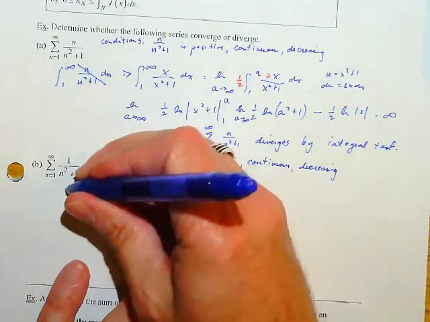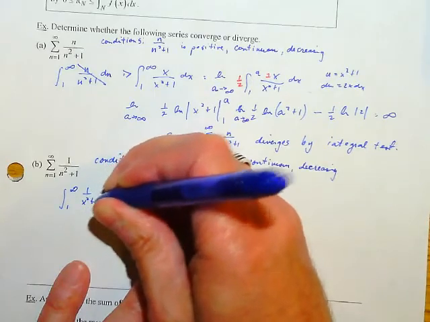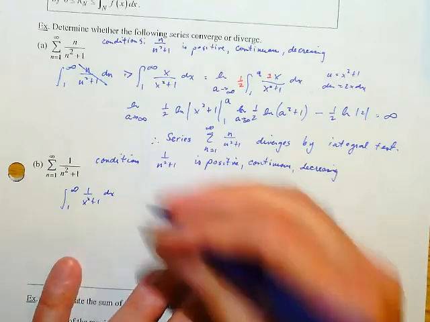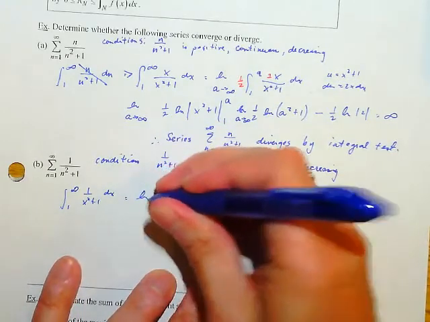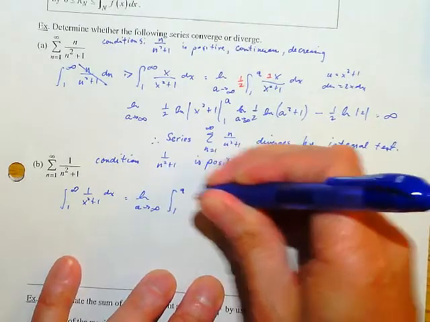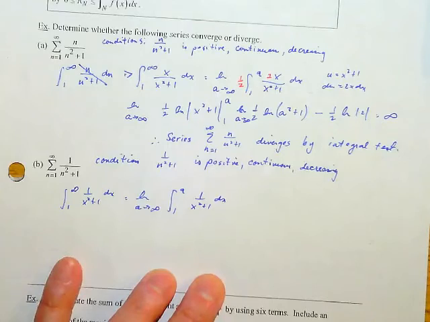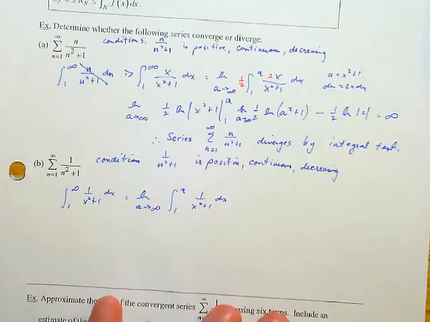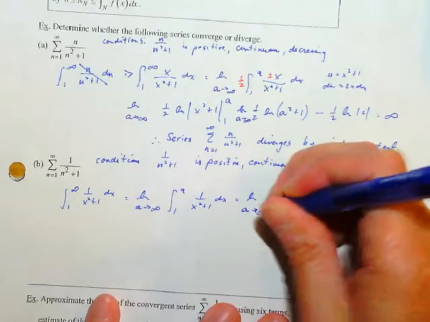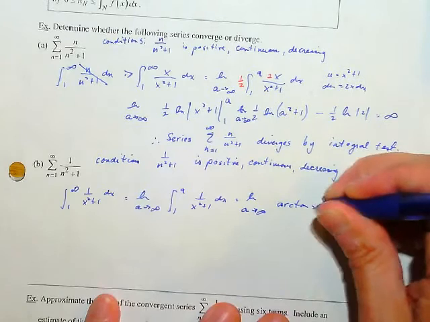Now we're going to do the integral from 1 to infinity of 1 over x squared plus 1 dx. Well, again, improper integral. Limit as a approaches infinity, 1 to a of 1 over x squared plus 1 dx. And I know we all recognize that as arctan, don't we? So I'm going to say that's equal to the limit as a approaches infinity of arctan of x, right?